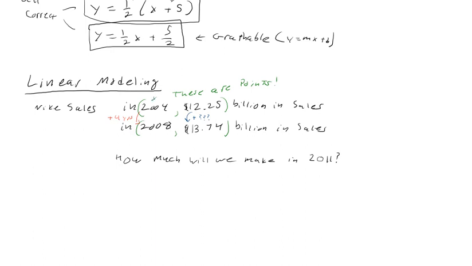Years are the x and the sales are the y. 13.74. That's a 4. Thought I'd make it easy on you. Make it 5? No. Whoopsies. These are 2 coordinate points, and we can use those coordinate points.